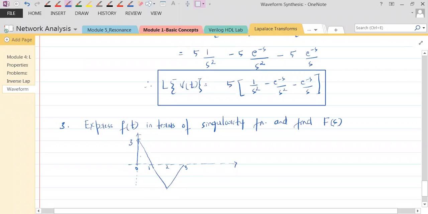This is 3, and this is -3. Fine. So 0, 1, 2, 3. At 3 it hits the negative max. At 0 it hits the positive max. And it again goes to 0 at 3. Fine. So everywhere else it's 0. So this is the waveform, and they have named the waveform as f of t.